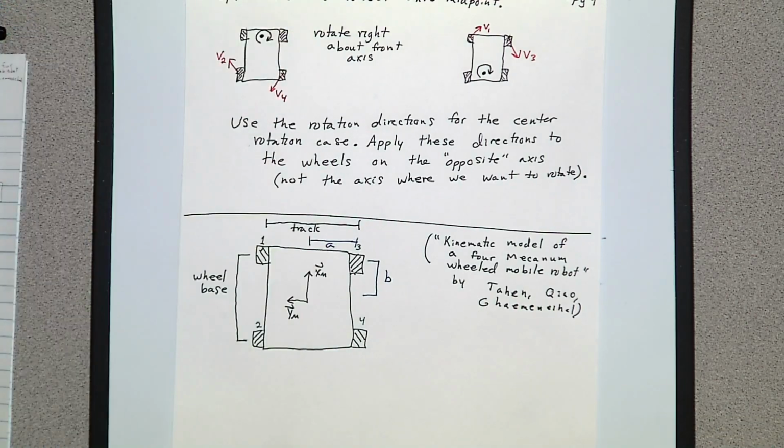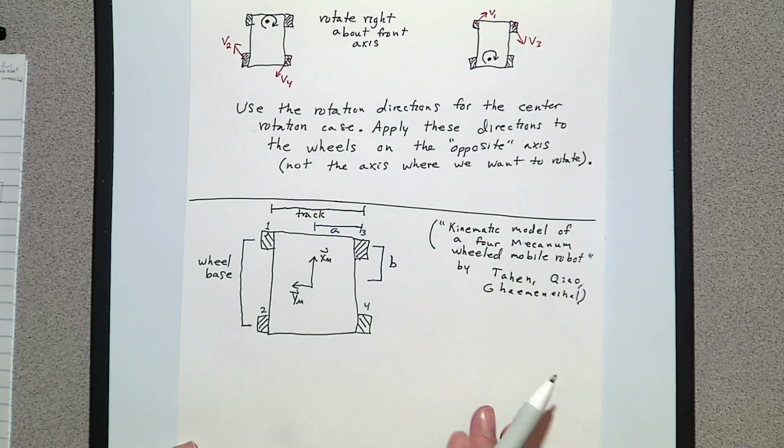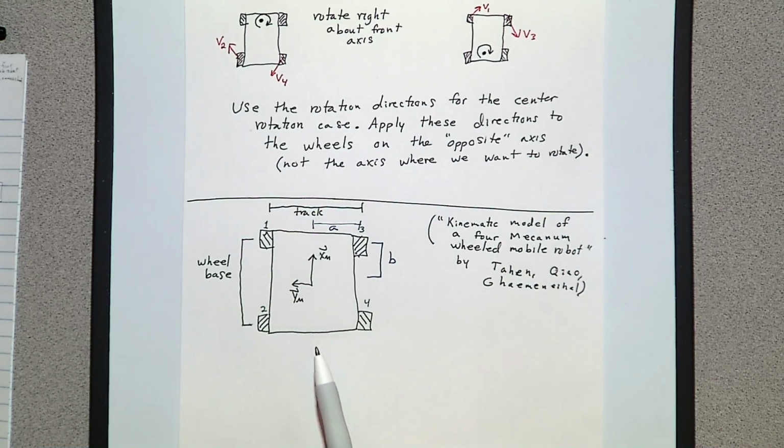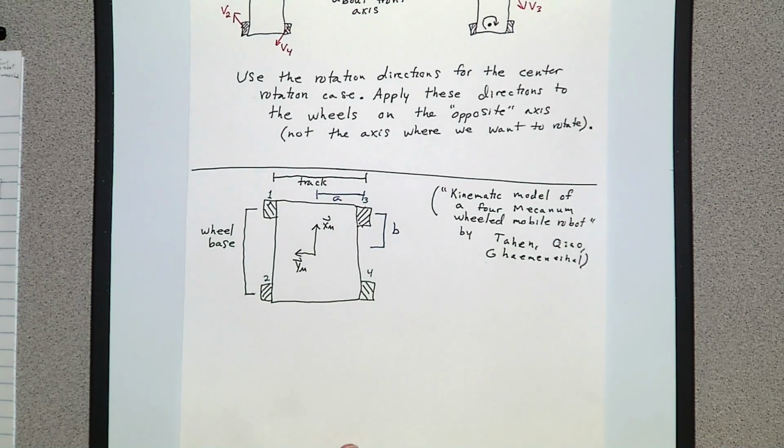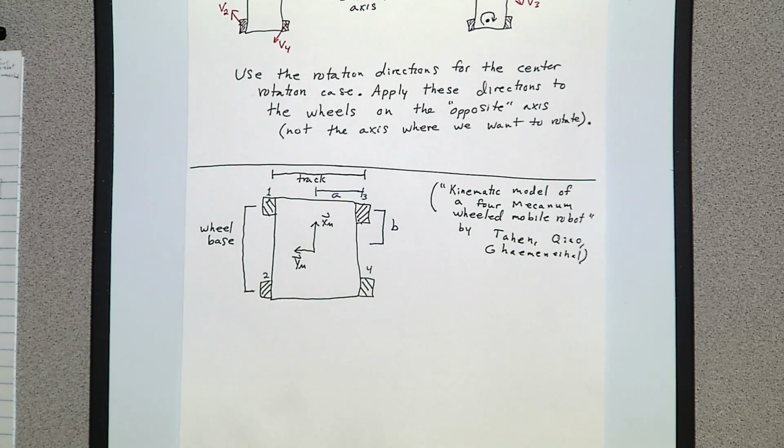But if you look at this paper, there's a little bit more detail on the derivation. The main idea is that when you're coming up with the kinematic equations, you take the constraint equations. Where we have the rolling and sliding constraints for the standard wheel, for the mecanum wheels we only have the rolling constraint. Because of the rollers, we don't have that sliding constraint anymore.